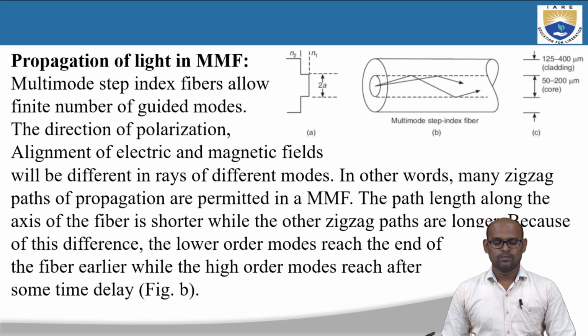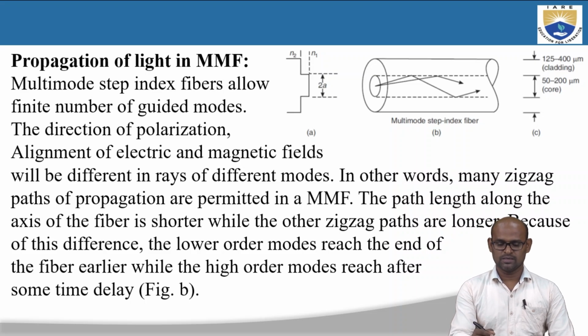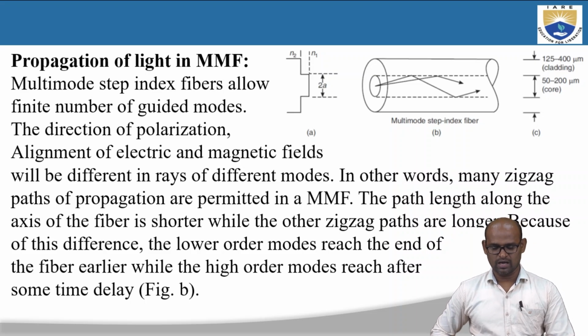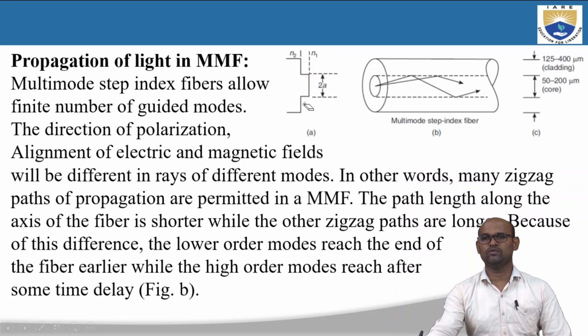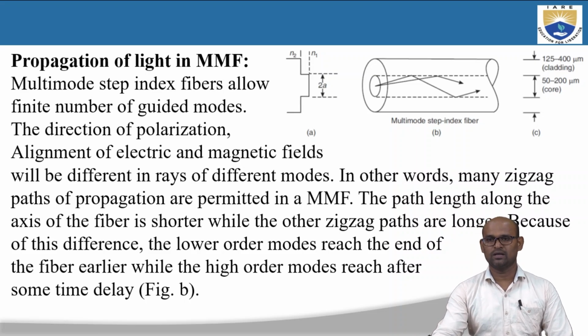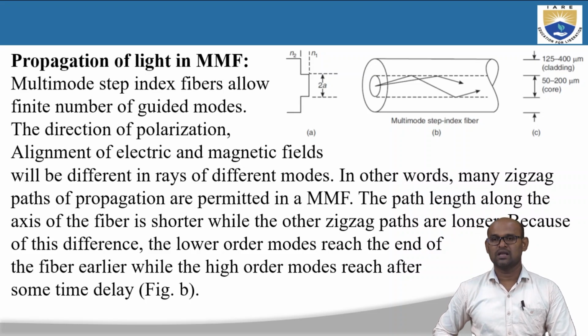Because the refractive index is constant in the core, light waves traveling in longer paths will reach the output end with time delay, whereas light waves traveling in shorter paths will reach fast.